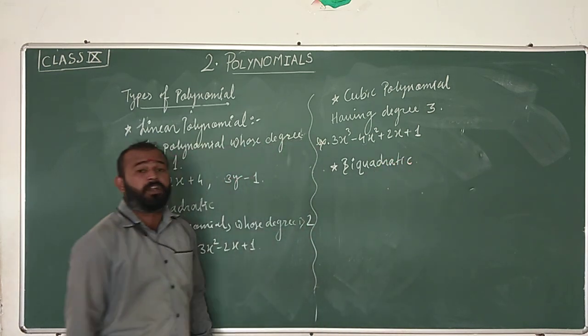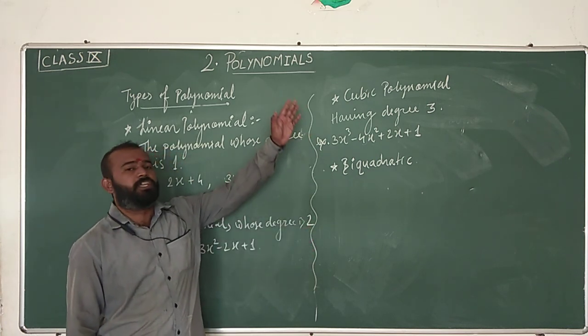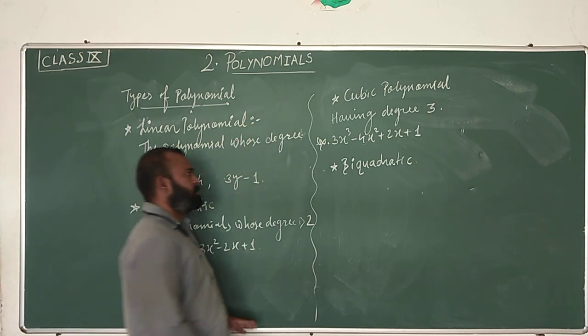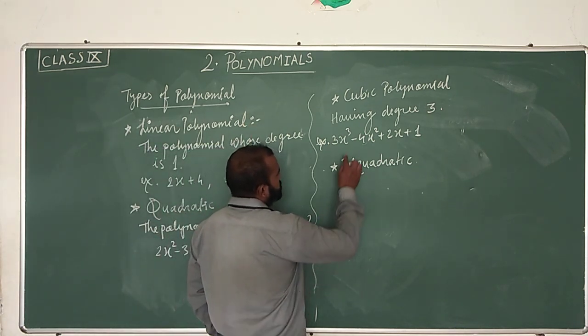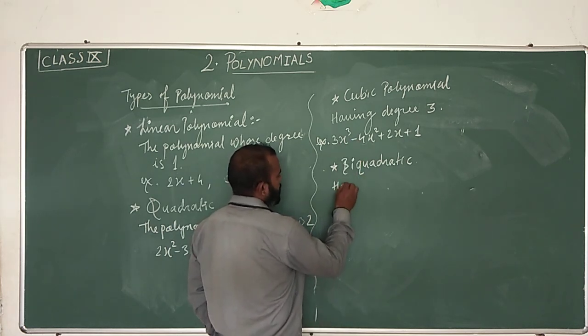Then also there is biquadratic polynomials. Now what are biquadratic polynomials? The polynomials whose degree is 4 is called as biquadratic polynomial.